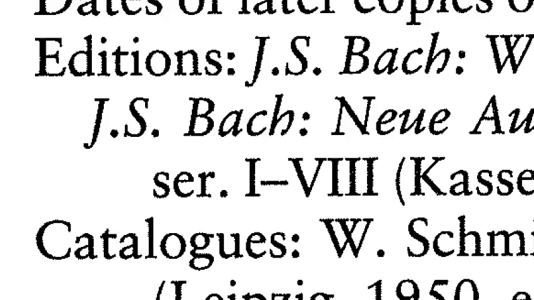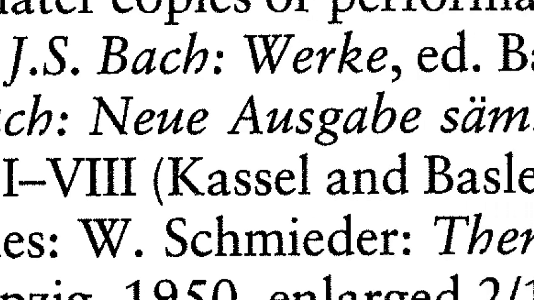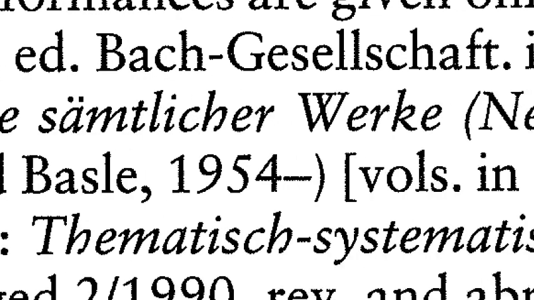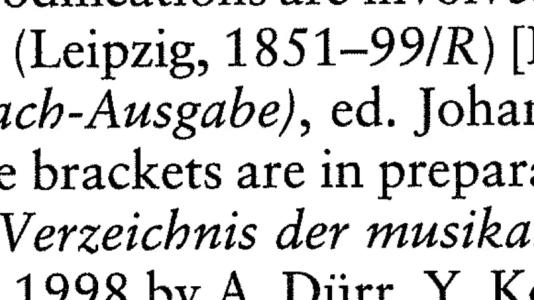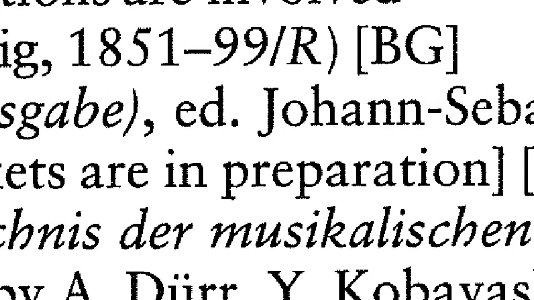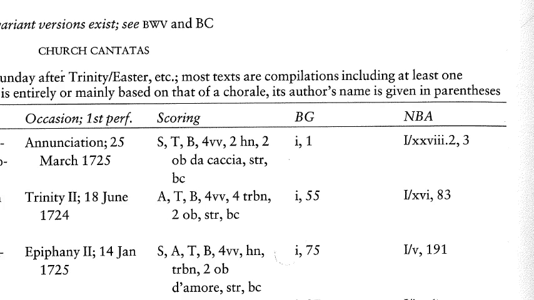At the beginning of the works list is a description of the most important collected editions of the composer's works. In this case, we see a reference to the older Bach Gesellschaft edition prepared over the course of 48 years in the later 19th century, referenced in the works list with the abbreviation BG.